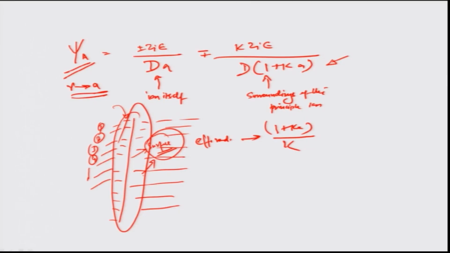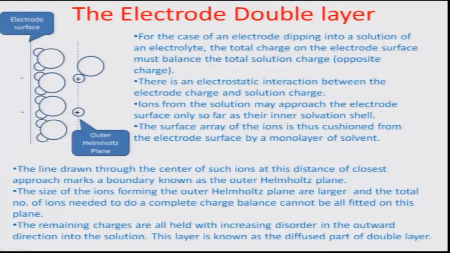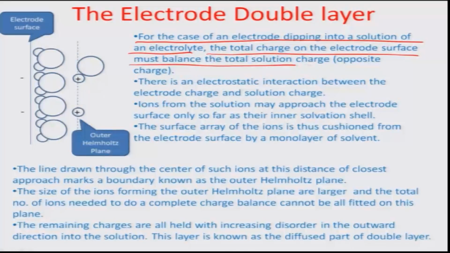So immediately when such a distribution happens, for the case of an electrode dipping into a solution of an electrolyte, the total charge on the electrode surface must balance the total opposite solution charge, because obviously if there are negative species on the surface, it will attract all the positive ions from the solution, and there is a thin layer of water.